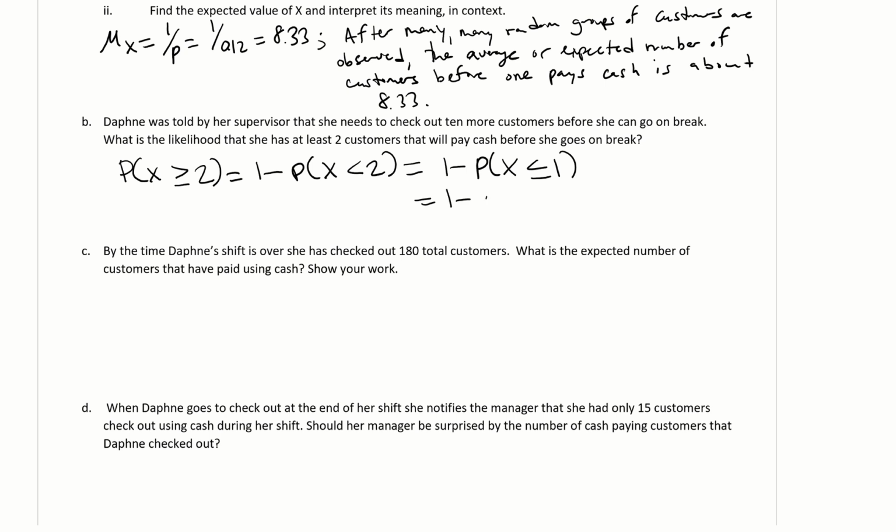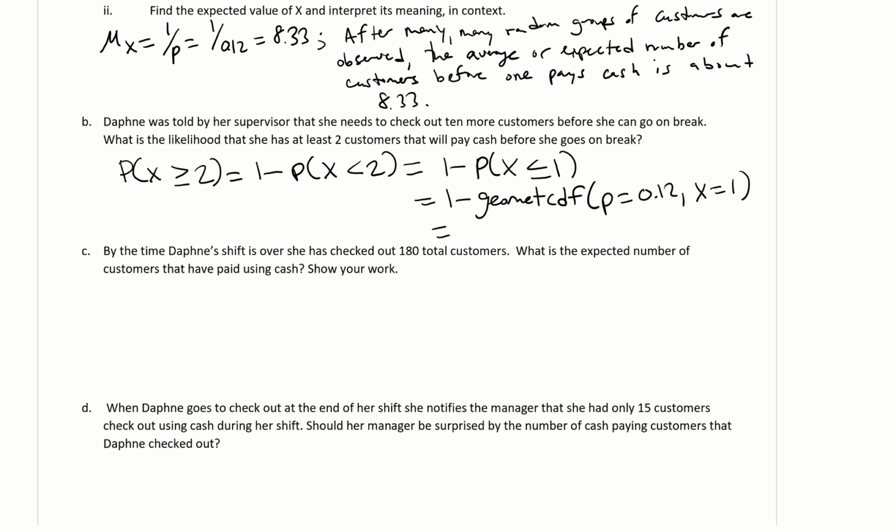So we can do 1 minus the geometric CDF with p equals 0.12 and X equal to 1. And we get our answer there.